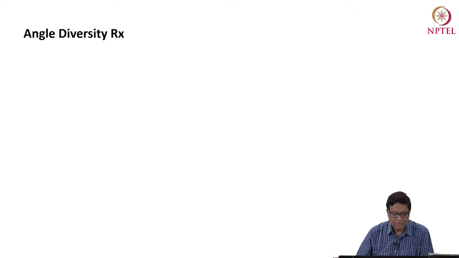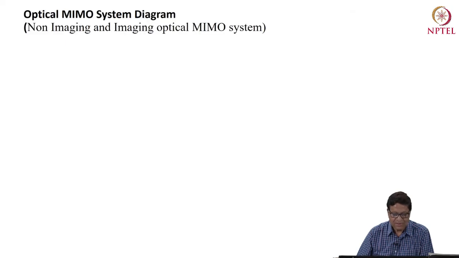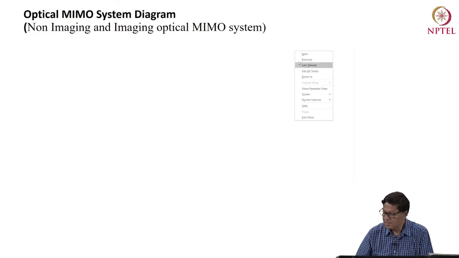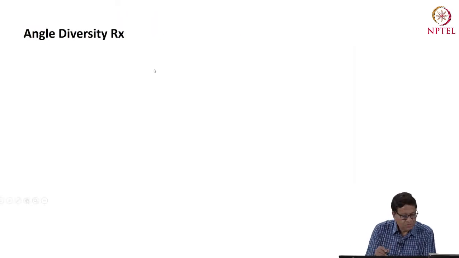Also, let me tell you, before finding out the channel modeling for a MIMO system, about the angle diversity receiver. In this case, you have many receivers at different angles. For example, this is a hexagon, so there may be a receiver here, here, here, and here as well.